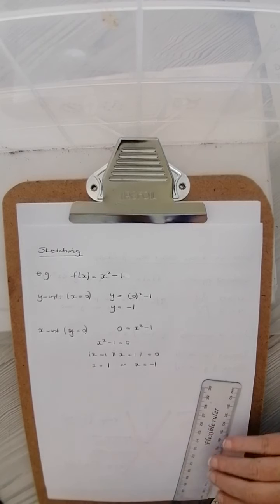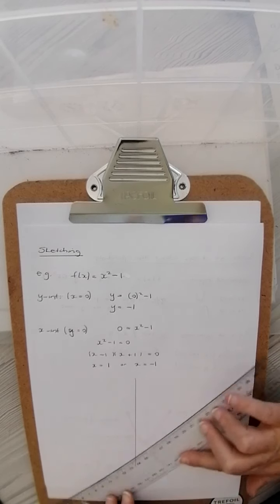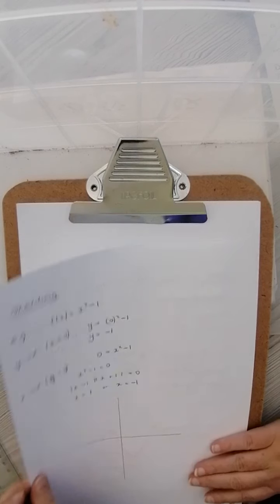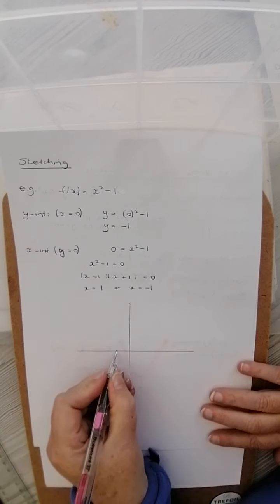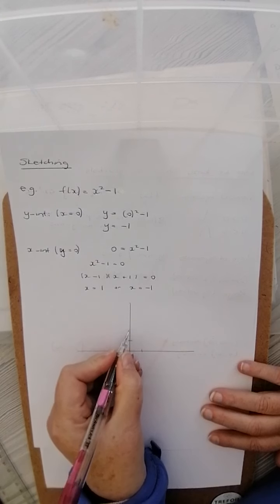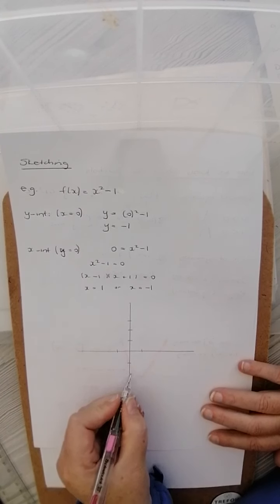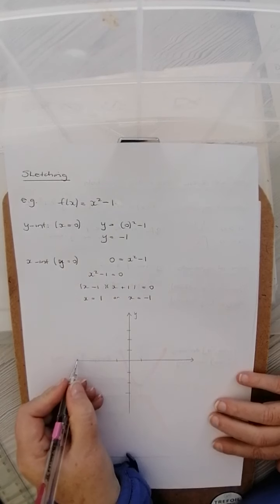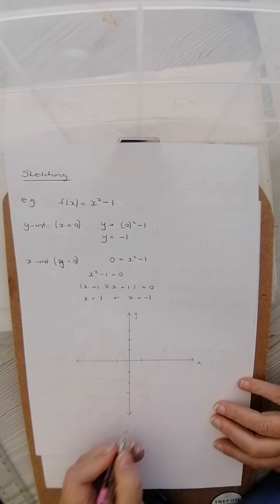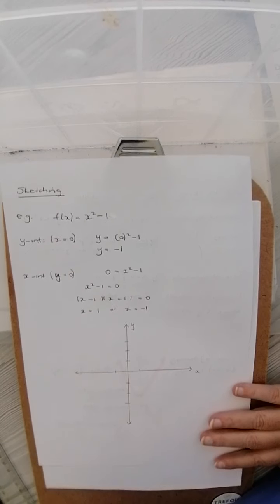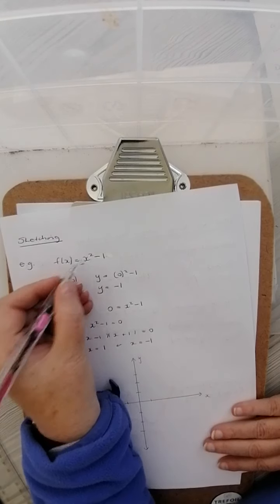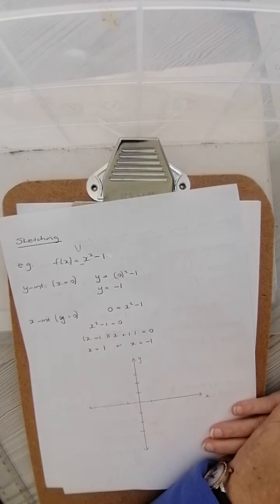Then we can sketch this graph just like that. Just a basic set of axes. Let's measure 1, minus 1, 1, 2, 3. You should be measuring this out nicely. Indicate that's your y-axis, indicate that's your x-axis. First of all, it's a happy graph, because it's positive.